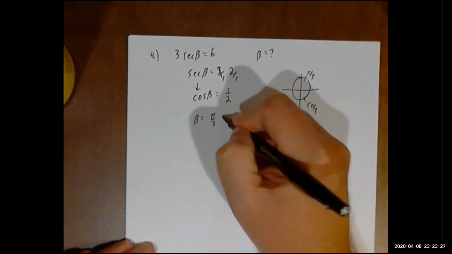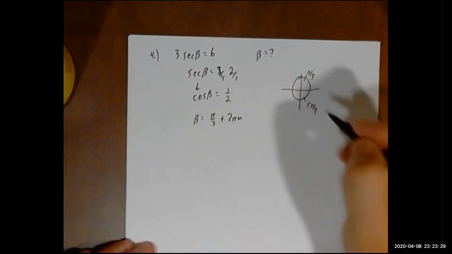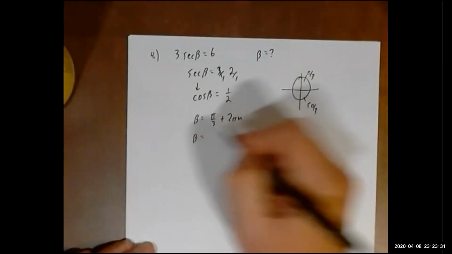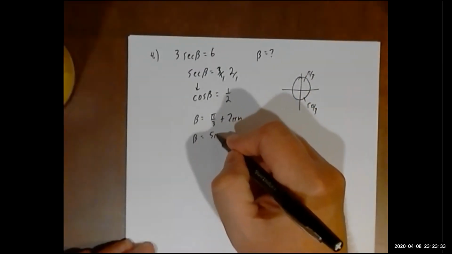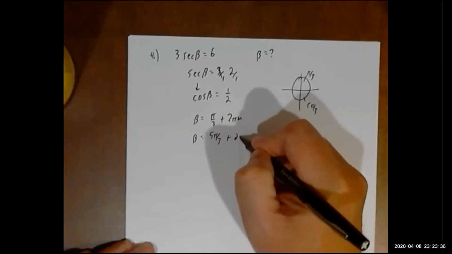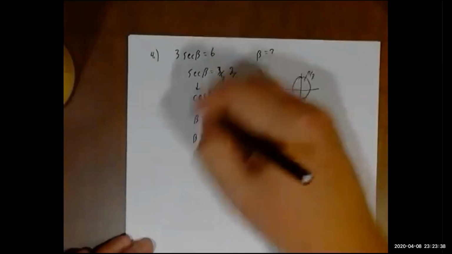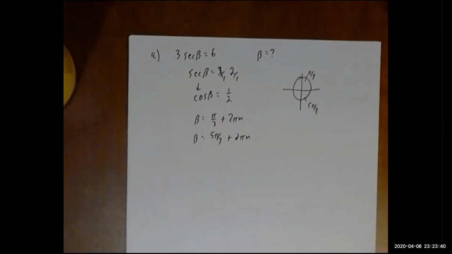So my answer is going to be pi over 3 plus 2 pi n and 5 pi over 3 plus 2 pi n. This is what your scratch paper should look like as you're doing the test, what you're going to send to me.